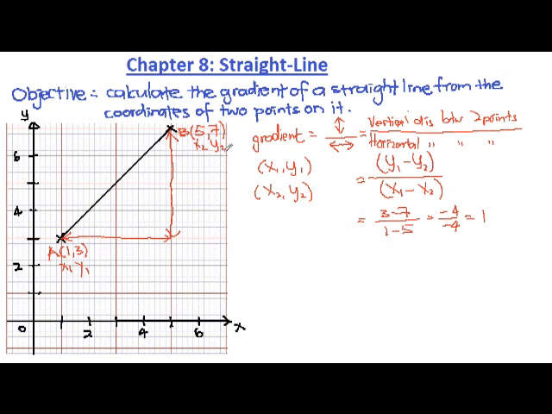Which means that I can choose B to be my x1 and y1, and A to be my x2 and y2. But when I calculate the gradient, I use y1 minus y2. So y1 minus y2 is 7 minus 3, and x1 minus x2 is equal to 5 minus 1, which is equal to 4 over 4, and again the gradient is equal to 1.